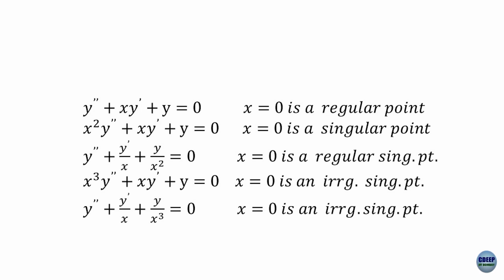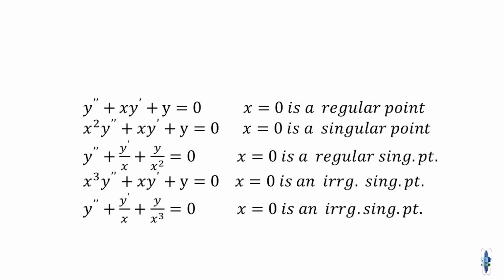And we just took a couple of examples. The first one we said was that p(x) is x, q(x) is unity. So these are differentiable functions and they are existing at x equal to 0. So the first one is a regular point. There is no singularity associated with that point. Then we took another example, and this example you just cast it in the form y double prime plus p(x) y prime plus q(x) y equal to 0.